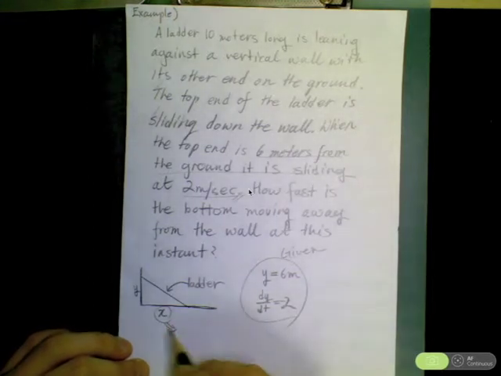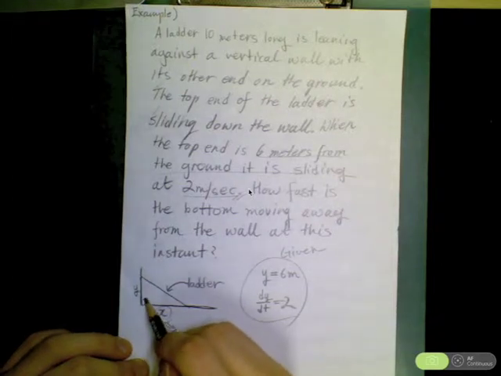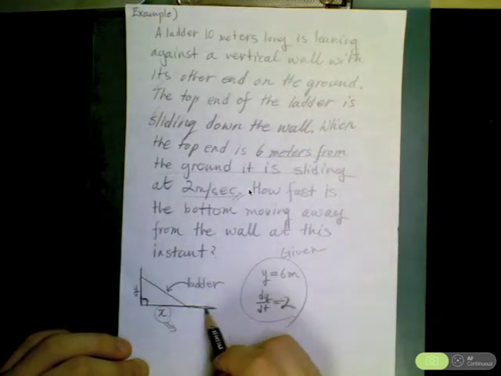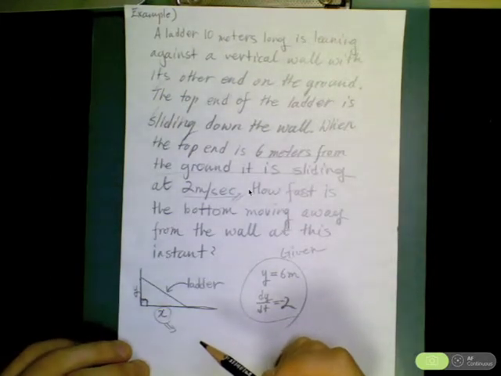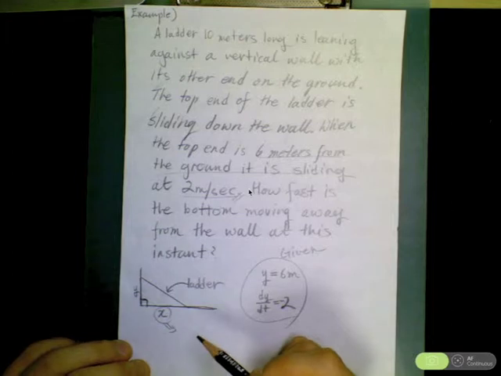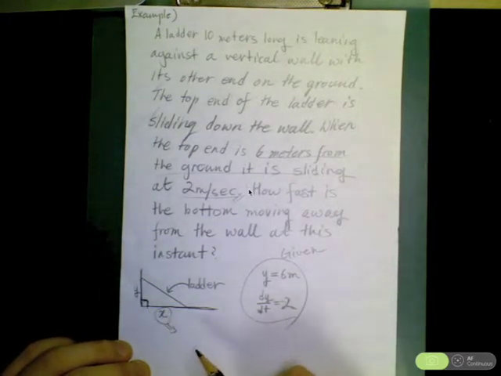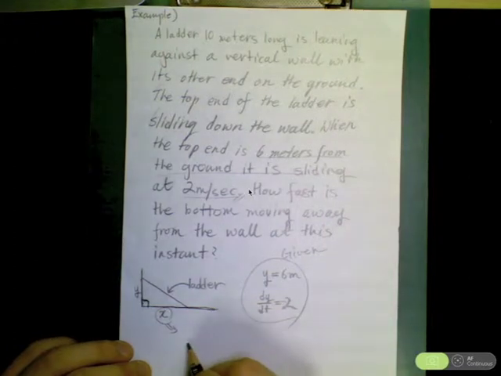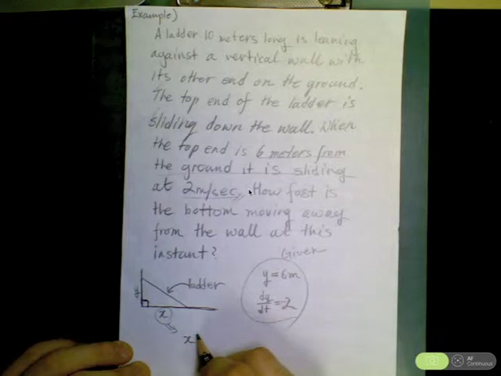Let's look at this. This is a triangle, and it's a right triangle because it's a wall and a ground. So what equation can we come up with after looking at this diagram? What should come right into your mind is the Pythagorean theorem.